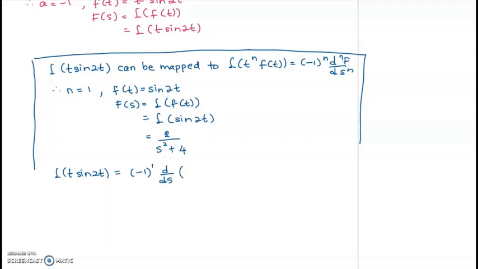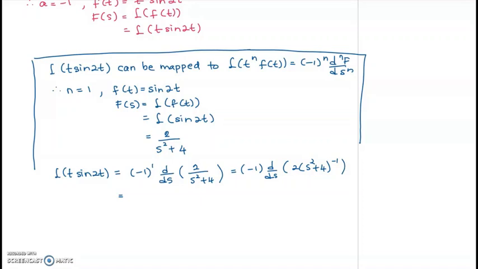So we need to differentiate 2 over s squared plus 4. We have negative 1, and we differentiate 2(s squared plus 4) power of negative 1.